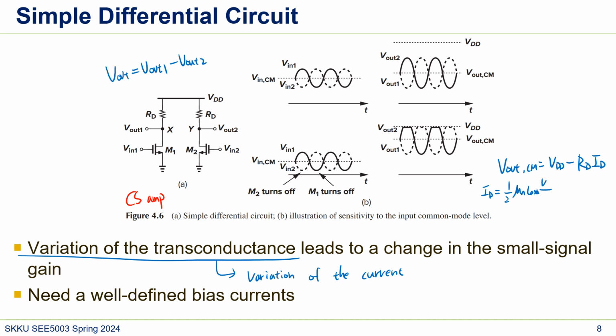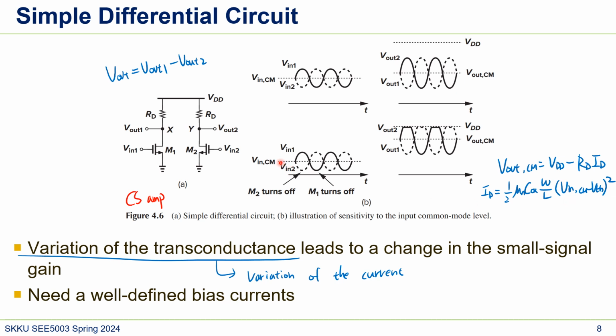Let me write it down again, where ID is one half COX, W over L, and then V in Cm minus VTH, squared, assuming we ignore channel length modulation. So as we can see, this current ID is the current when the input is V in Cm.